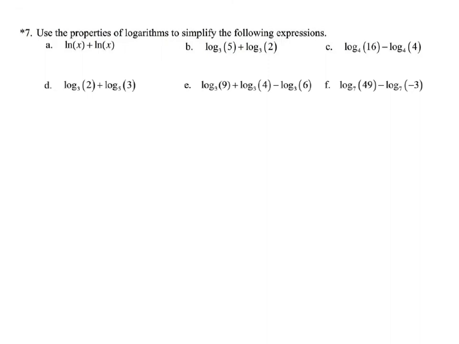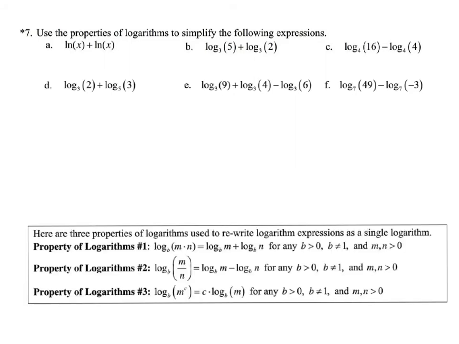Question 7 in Module 4 Investigation 8 gives you the opportunity to practice working with these properties of logarithms, numbers 1, 2, and 3. As you consider how to simplify the expressions in Question 7, parts A through F, be sure that your logarithmic expression is in the exact form that the property says it must be in before rewriting the expression according to the property.